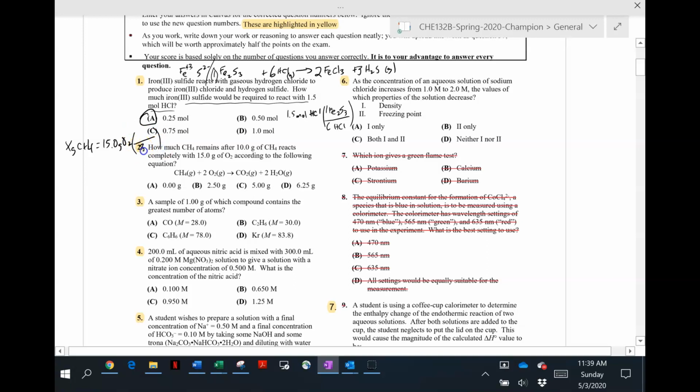So 32 grams of oxygen, 1 mole of oxygen there. Then we're going to use the coefficients in the equation, 2 and invisible 1 there. So 2 moles of oxygen and 1 mole of CH4. And then finally we'll do 16 grams of CH4, since that's the molar mass for every 1 mole of CH4.